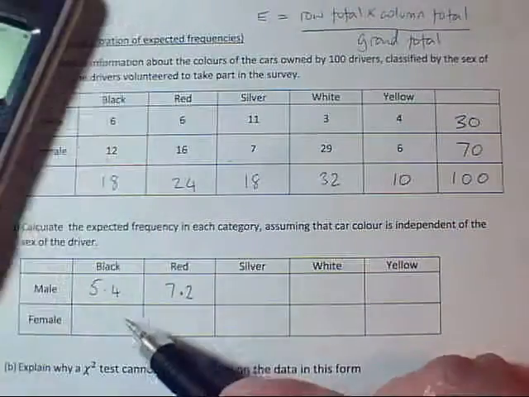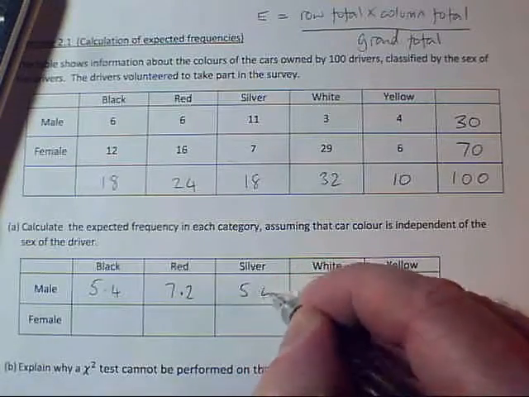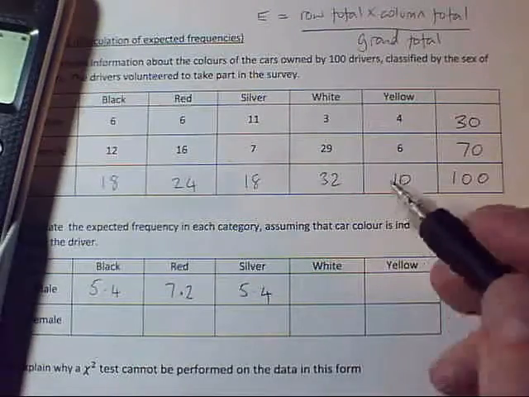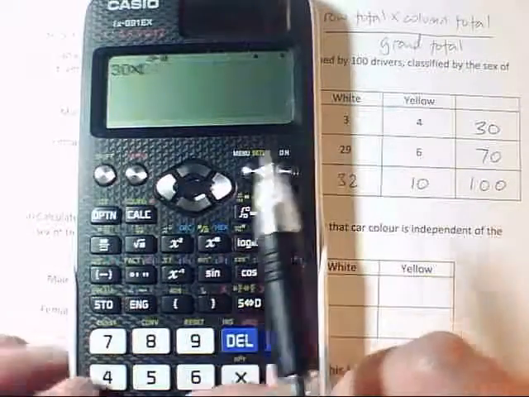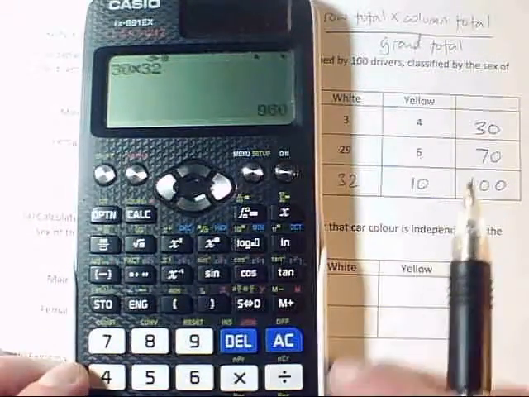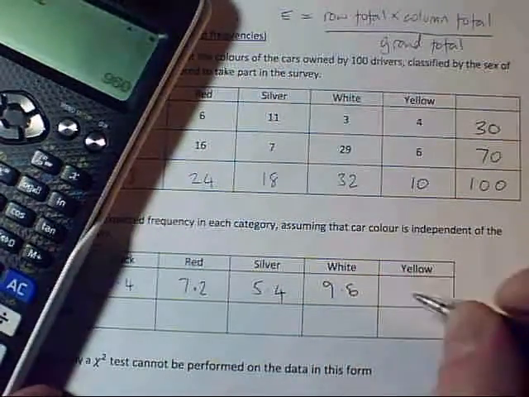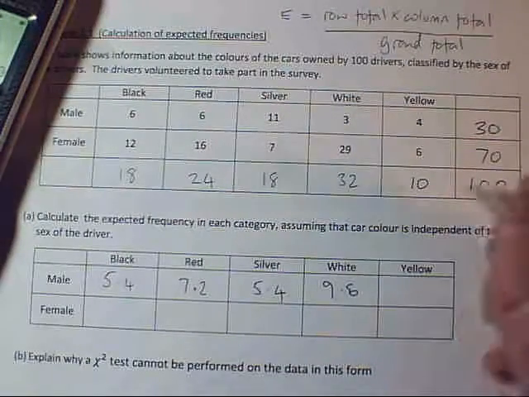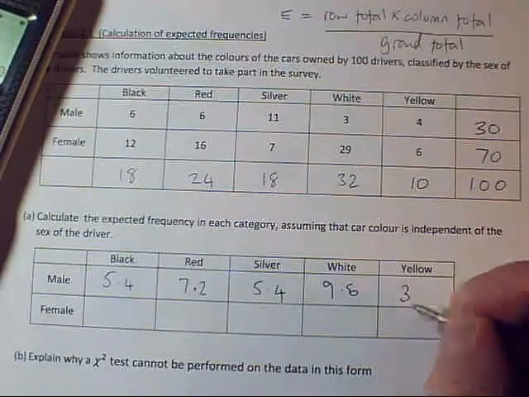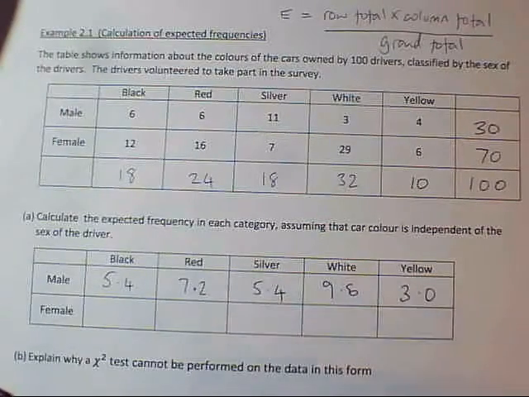This next one is an 18 for the column total again, so it's going to be 5.4 just as I got here. Next one, I've got 32. I change my 24 into a 32, and I get 9.6 as the expected frequency. And for this one here, 10 times 30 is 300, divided by 100 is 3, or 3.0 or 3.00, any of those would do.